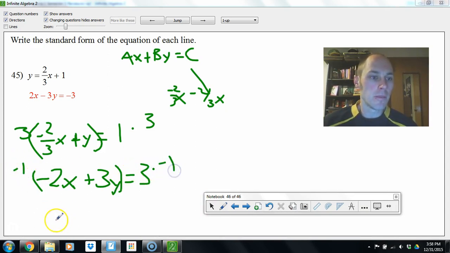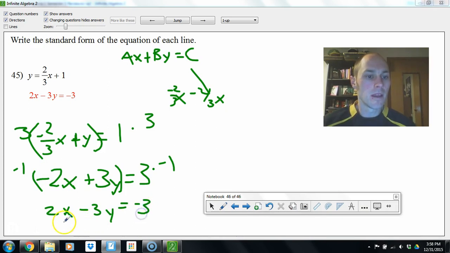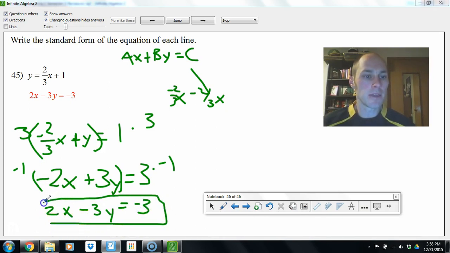So it'll be a positive 2x and a negative 3y and a negative 3. So this is how they have it. I would accept either of the previous ones. If you just want to keep it like that, that's fine. It just makes it easier to work with when it comes to graphing and so on.